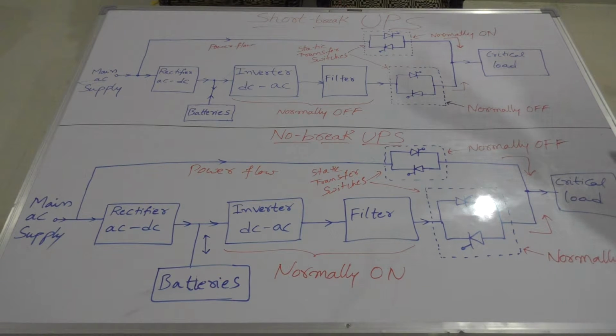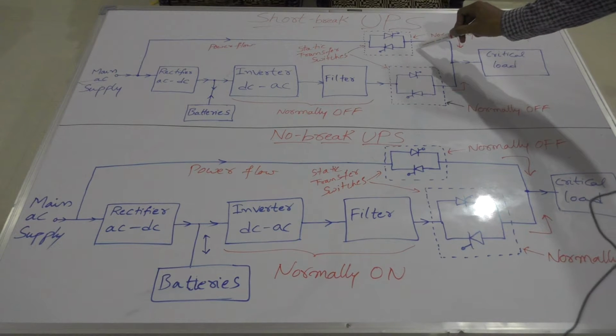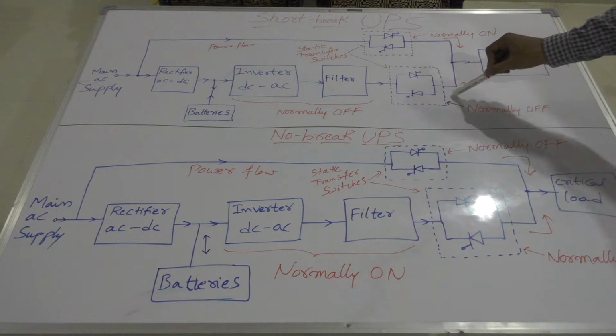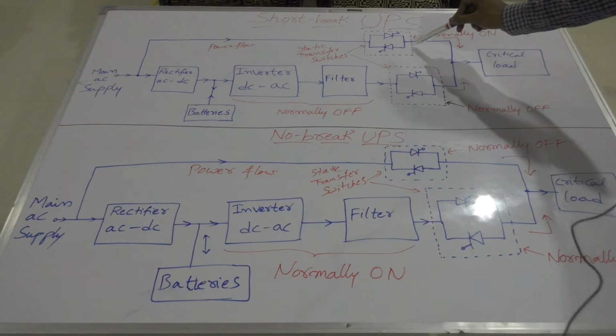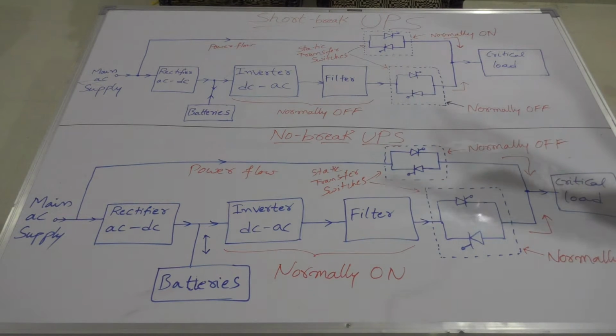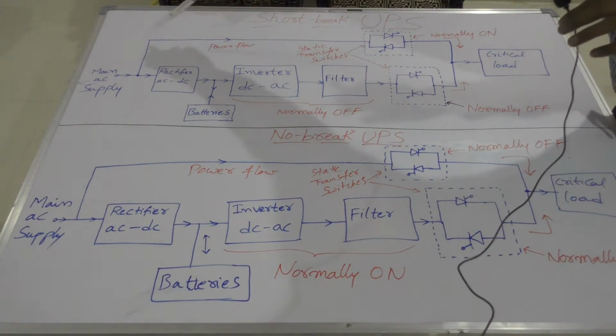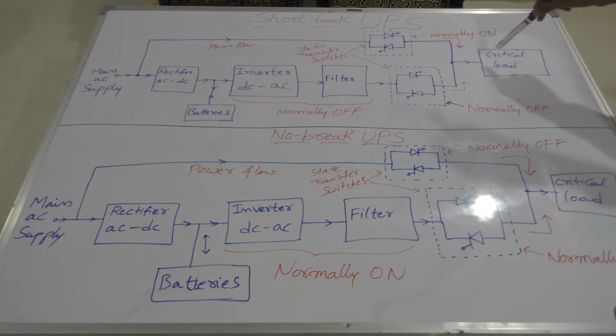In normal operation, the first switch is in on state and the second switch is in off state. So, as this is in on state, the electrical power will transfer from the main AC supply in this direction and finally reaches this load.